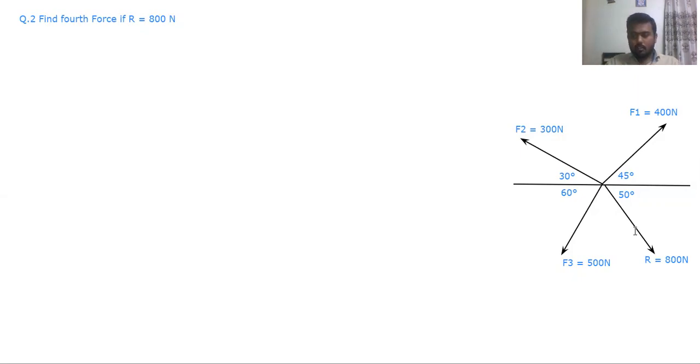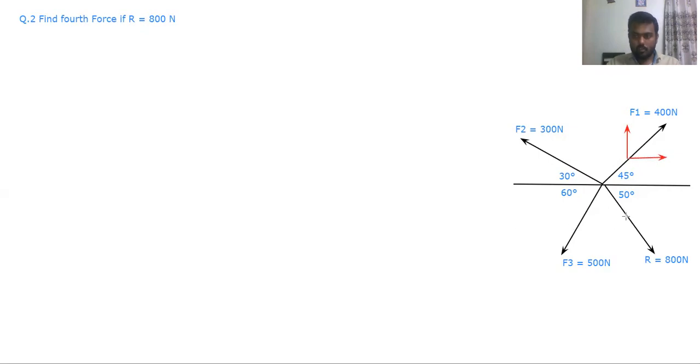Okay. Now this R, we can resolve into two components, Rx and Ry. So Rx is nothing but sigma Fx, and Ry is nothing but sigma Fy. So we resolve this into two components. From this point, this force will act in the upward direction, this will act in this direction.